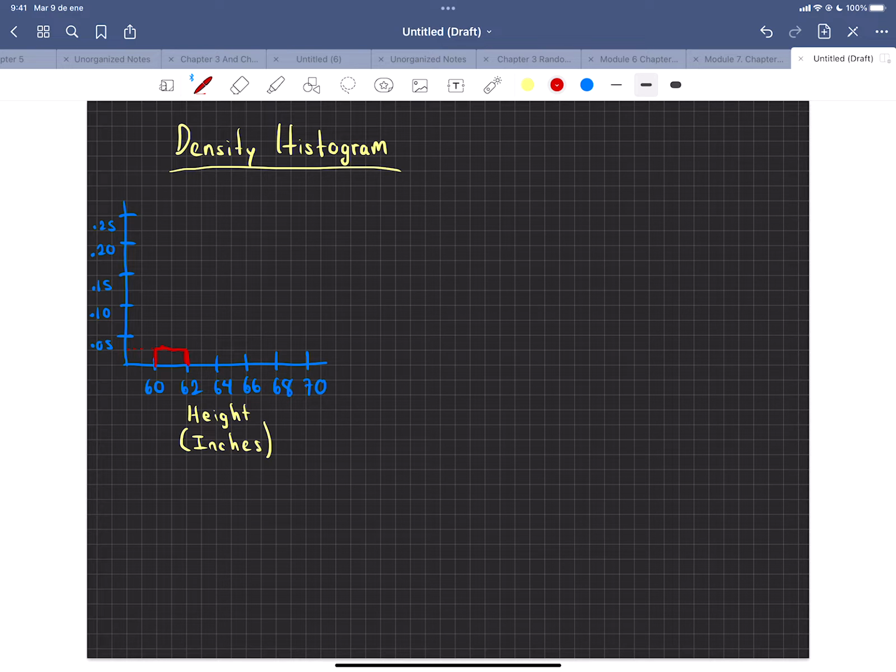There you have it. You're going to create rectangles. The height is going to be determined by the value of the density.